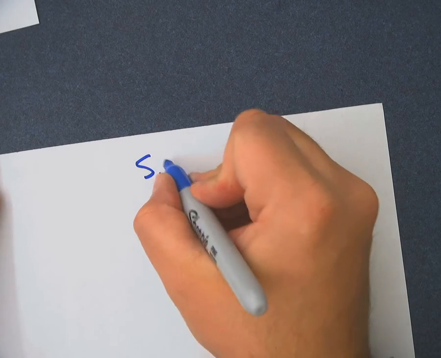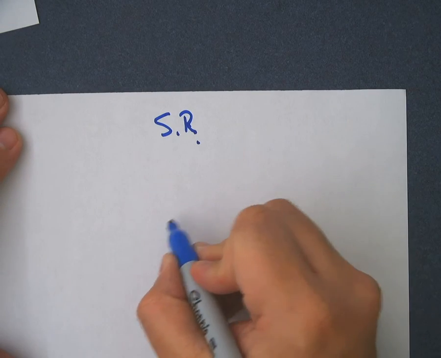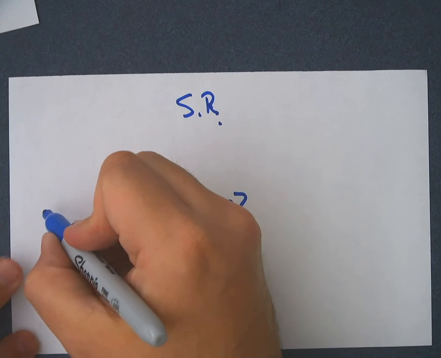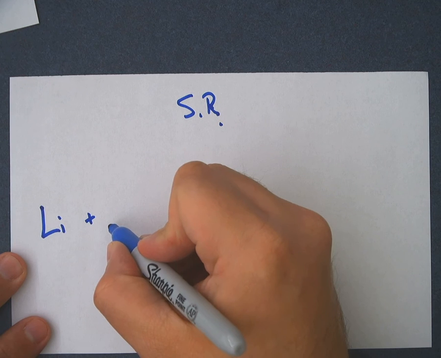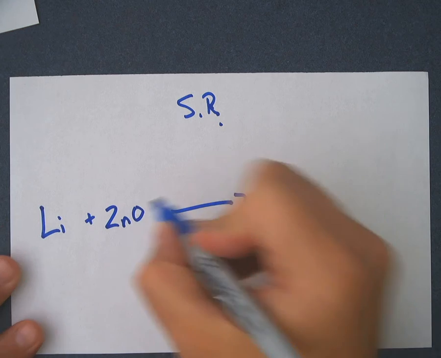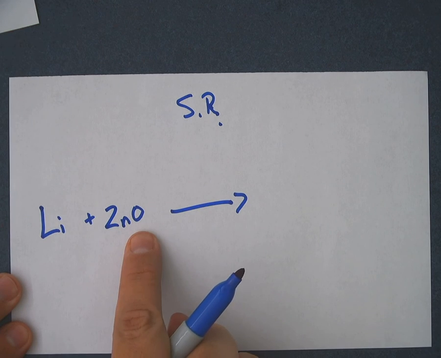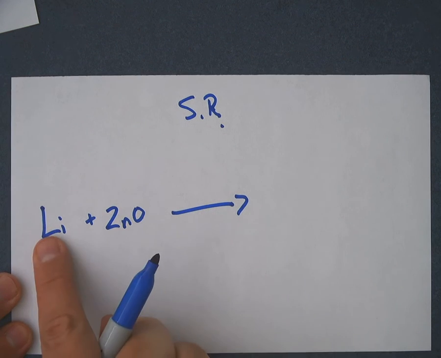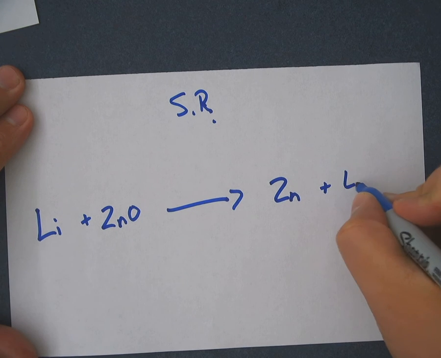Can you tell a single replacement reaction from just looking at the substances before the arrow? You can look for an individual element and look for a substance that is combined in a pair. So if you see a single element and a pair, this would be a cation paired up with an anion, you could be like, whoa, it's going to do a single replacement.